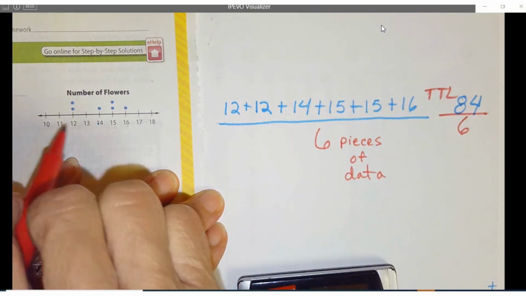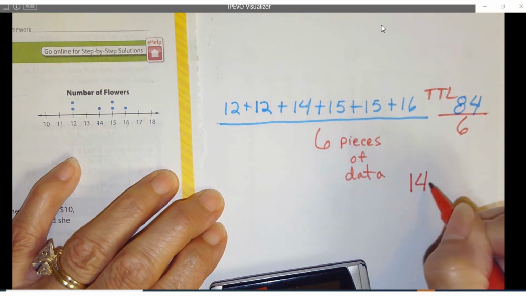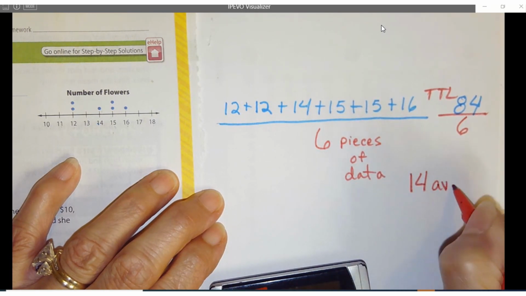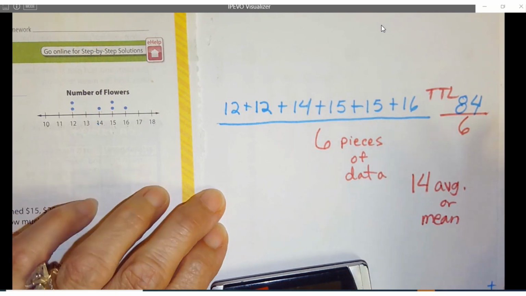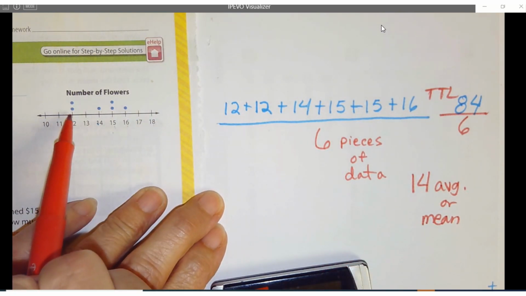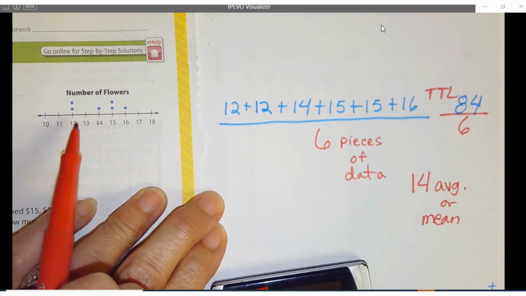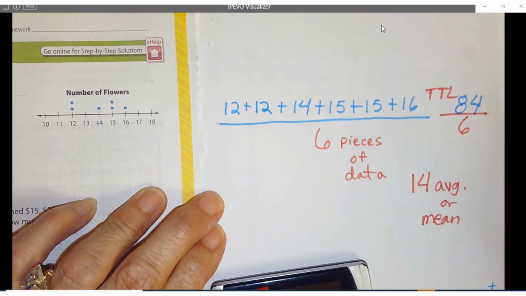So the average number of flowers is 14, the average or the mean. All I did was take the total number. Always remember, when you have a number line, you're going to count each one on that number. Perfect. Thanks, students.